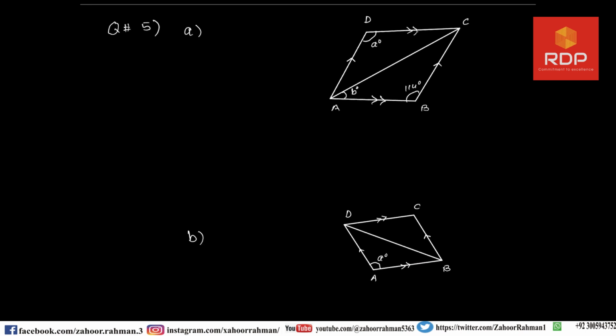Now we are turning our focus to question number 5, which is totally dedicated to the rhombus. In a rhombus all the sides are equal. We have to keep this in mind, and opposite angles are equal.